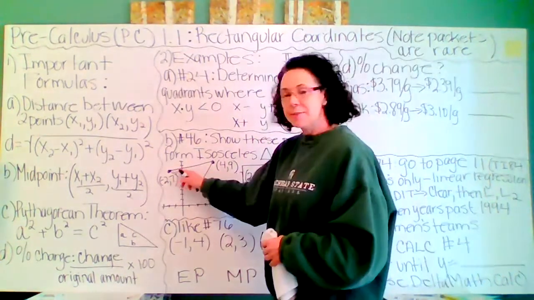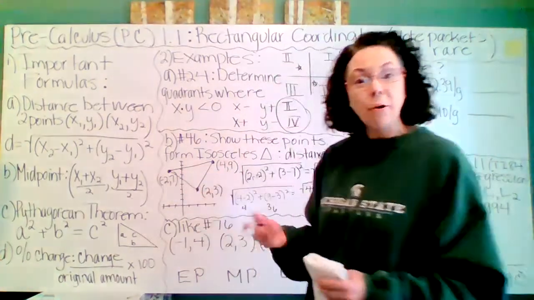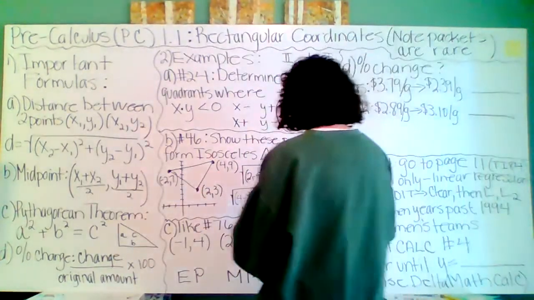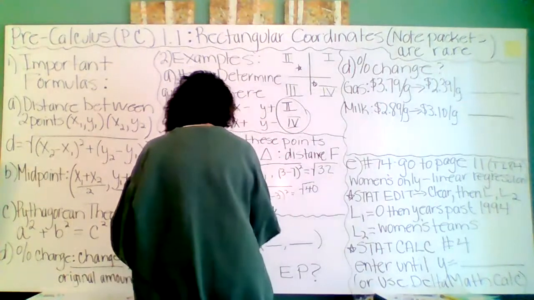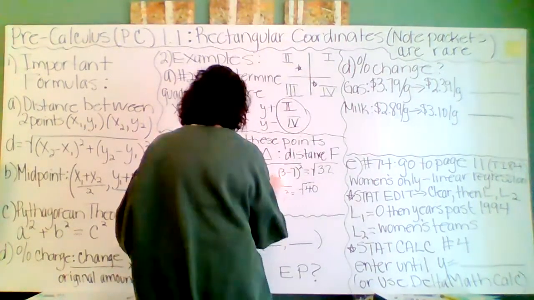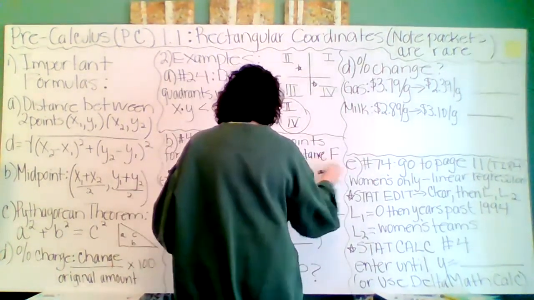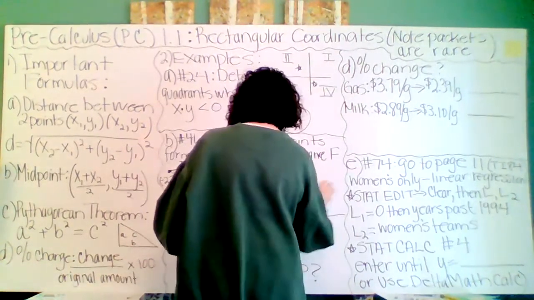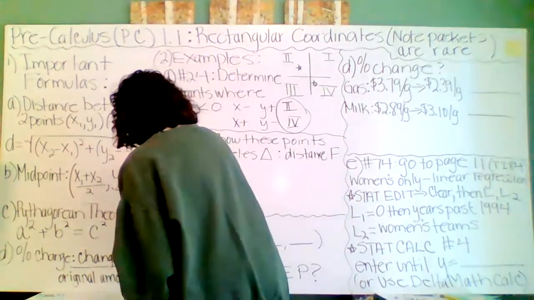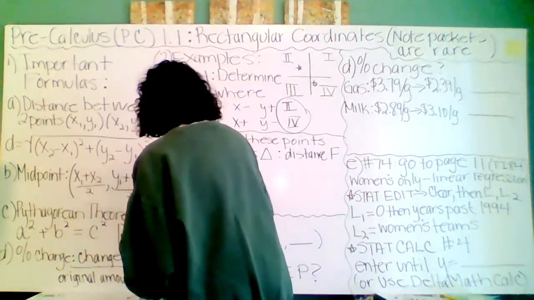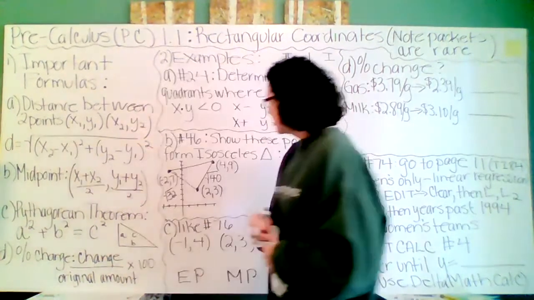I'm going to find the distance between these 2 points, and hopefully it matches one of those, right? So square root of 32 and the square root of 40 are the lengths of the sides that I have. I'll put that right here. There we go. That's a good spot for it.